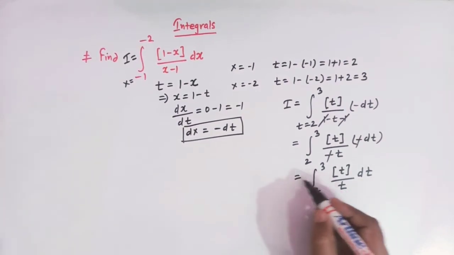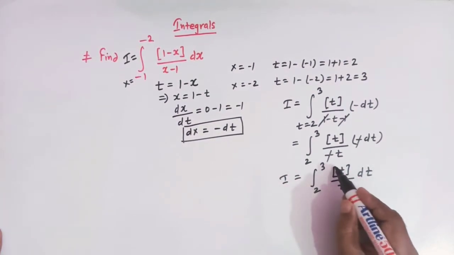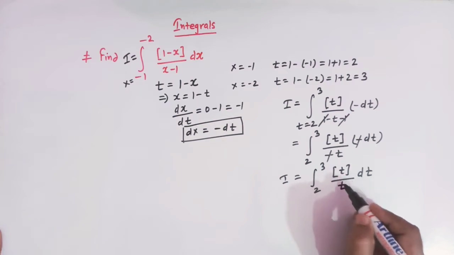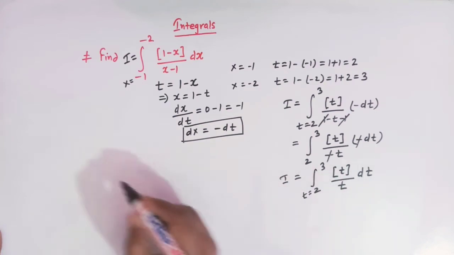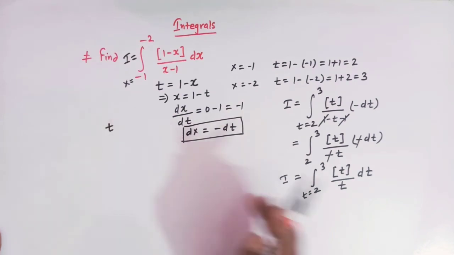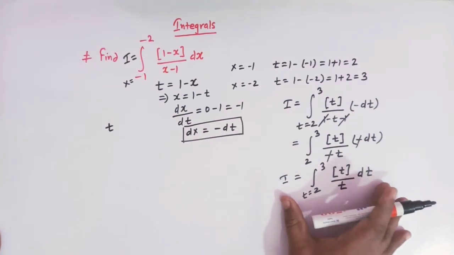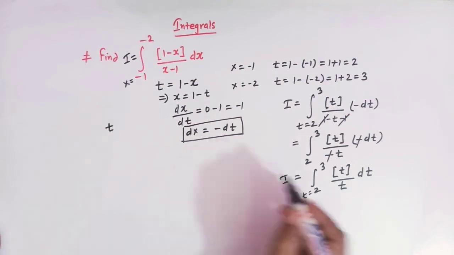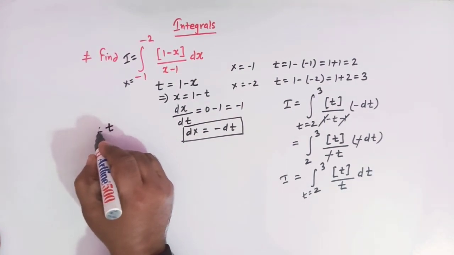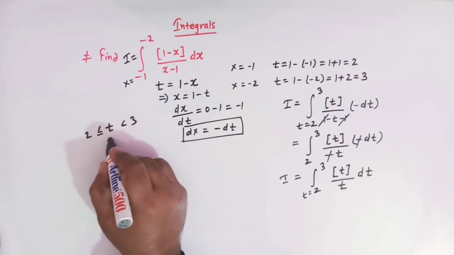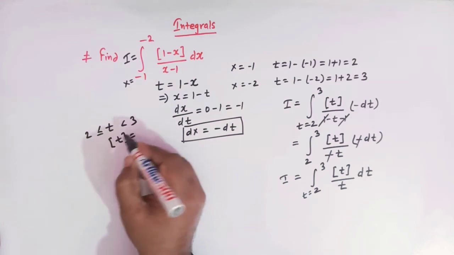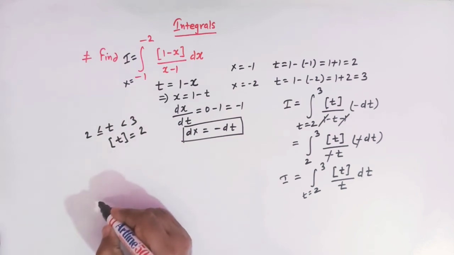So now here we have the greatest integer of t divided by t, and t varies from 2 to 3, right? So we know from the definition of the greatest integer function, if t lies between 2 and 3, then the value of the greatest integer of t is equal to 2, right?